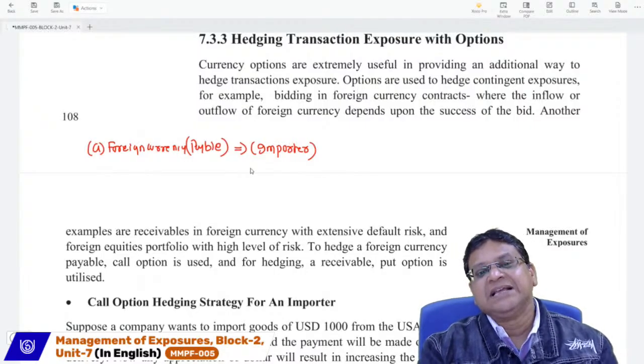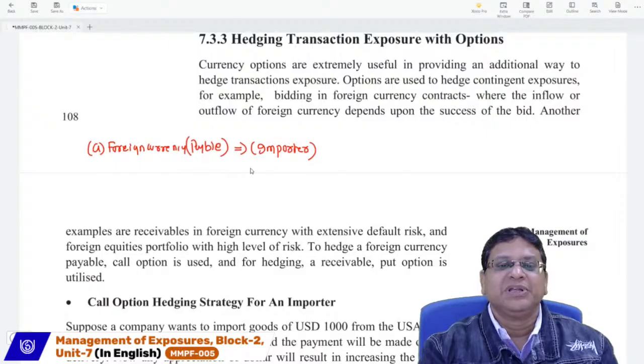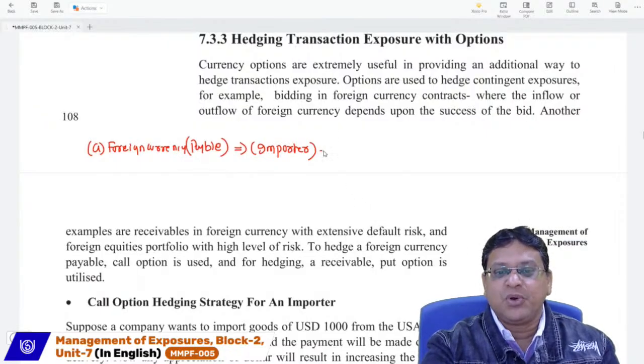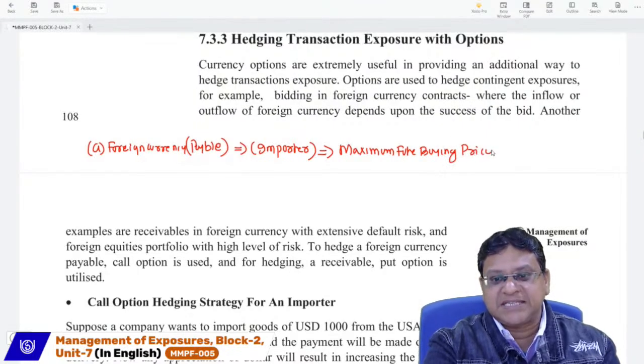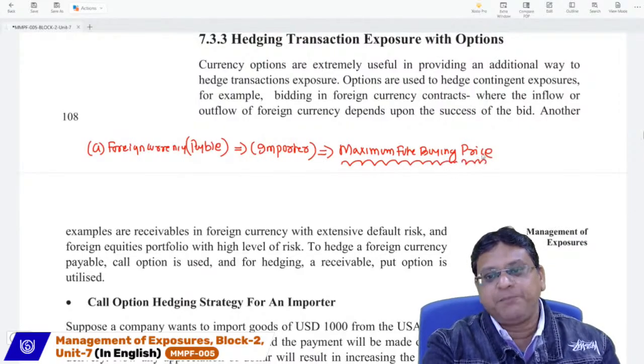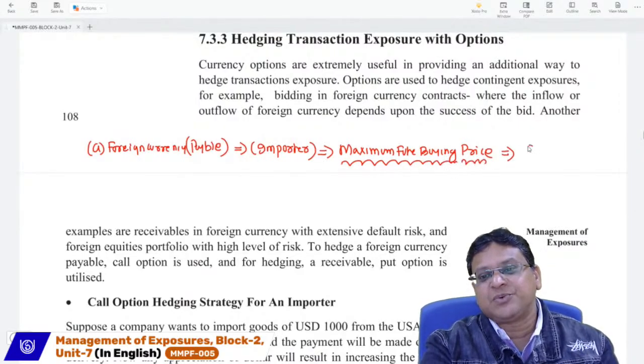So in that case, with the help of option, you want to fix your maximum future buying price. You can fix your maximum future buying price with the help of an instrument that is known as call option.